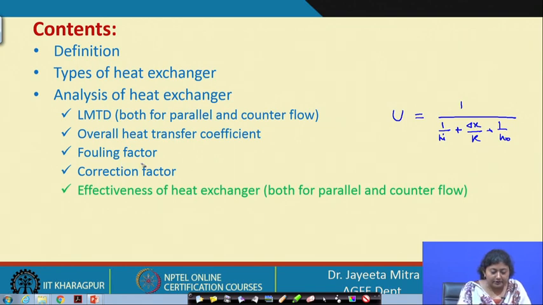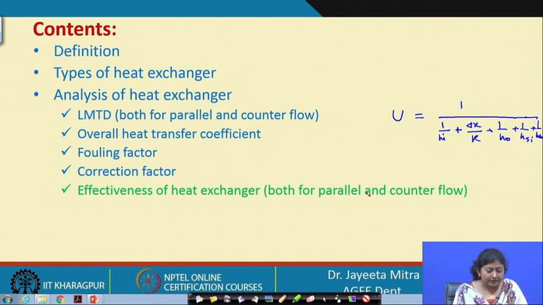Now, when we discuss the fouling factor, the resistances of fouling for the inside and outside will come: 1 by HSI plus 1 by HSO. This has been done when area is the same. If area is not the same, we need to consider area in this equation, which we have already discussed.